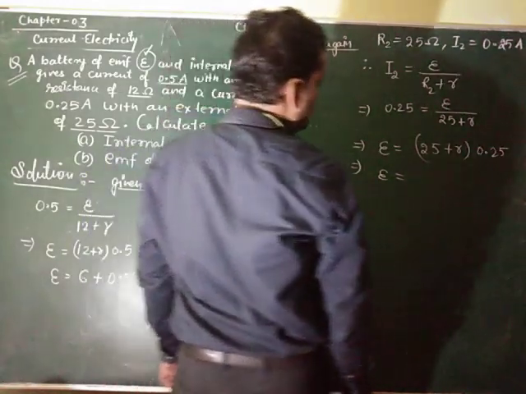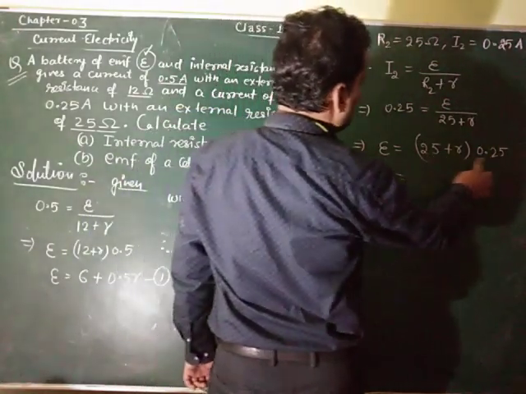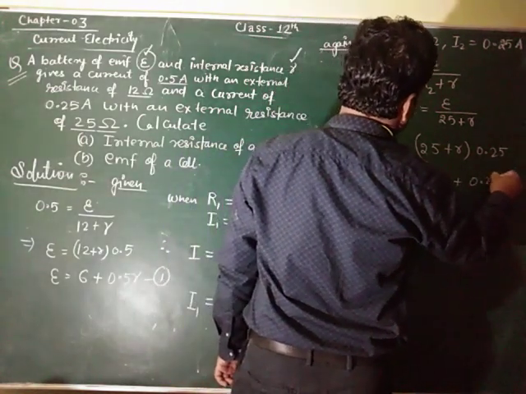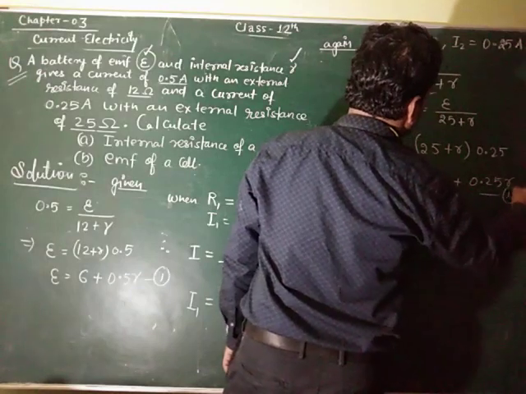So EMF is equal to 25 into 0.25, 6.25 plus 0.25 R, equation number 2.